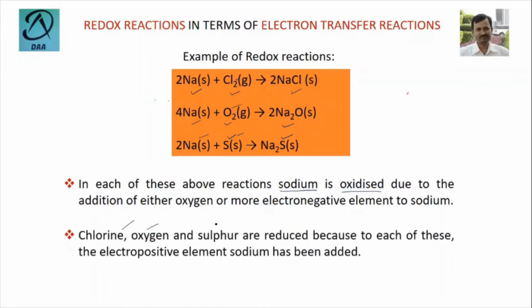Chlorine, oxygen, and sulfur are reduced because they are attached to the electropositive element sodium. That's why in each reaction, both oxidation and reduction are happening. So that's why it is called a redox reaction, as we understood from the previous class number 201.